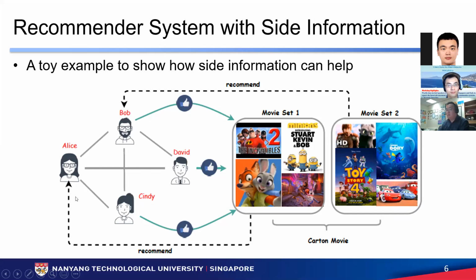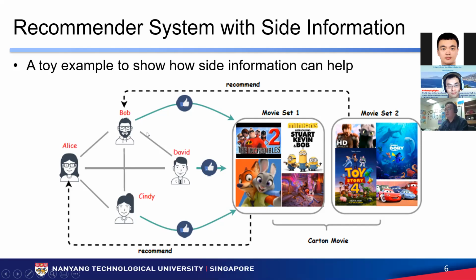Because Cindy is a friend of Alice, we can recommend those movies to Alice, based on the assumption that friends share similar interests. And also for Bob, Bob has watched this set of movies. Because this set of movies and the second set of movies are both cartoon movies and belong to the same category, the second set of movies can also be recommended to Bob.